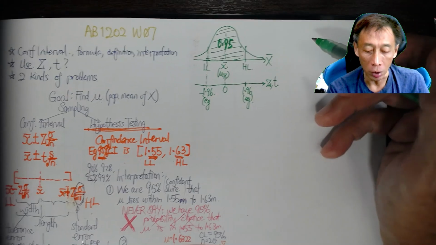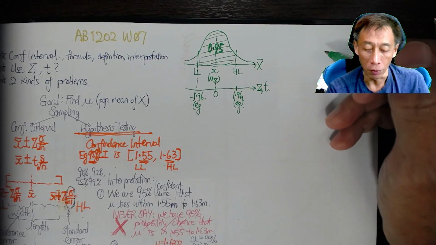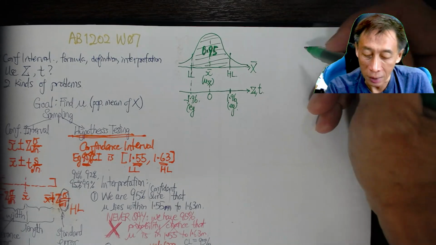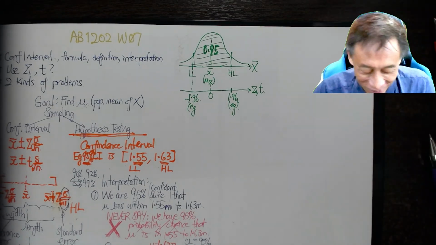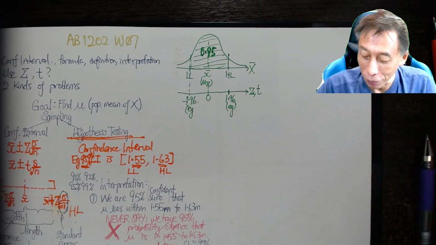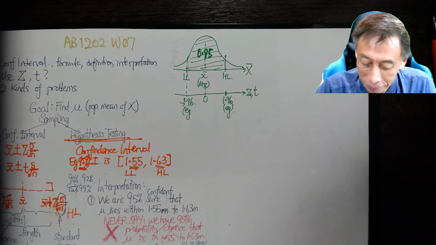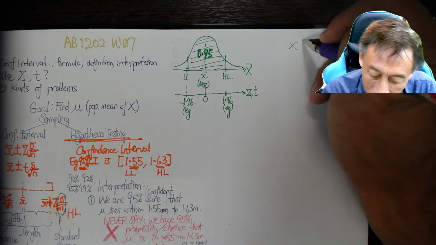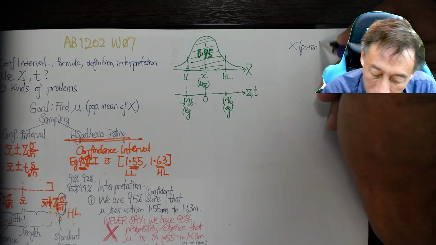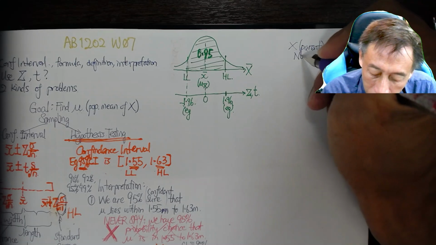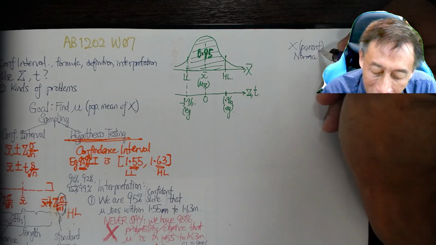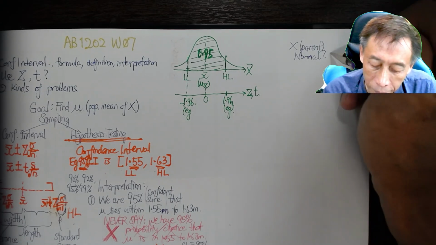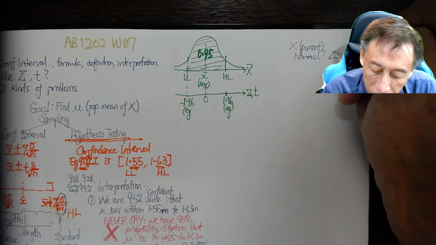It all has to do with, first of all, is x normal? So is the parent beautiful, right? The parent, is it normal? Is it normally distributed? That means, do we have a bell curve?